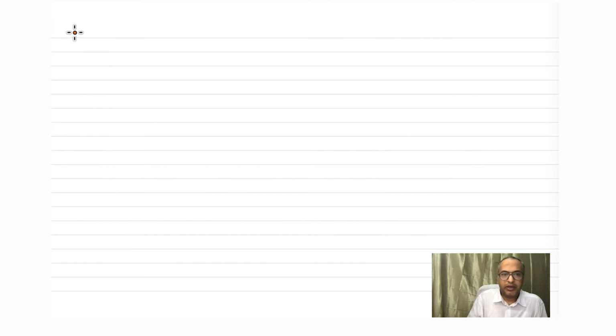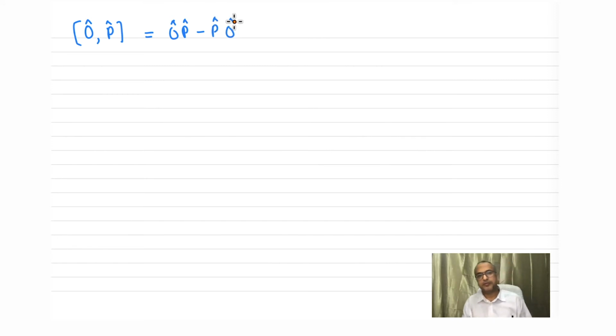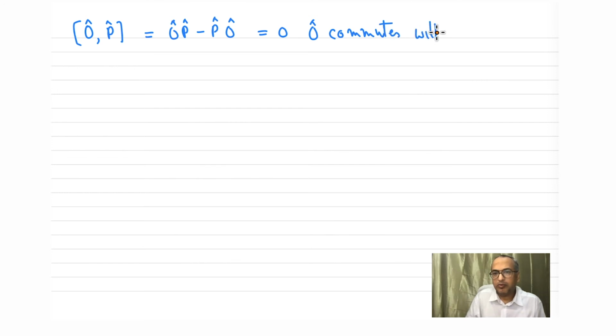So what do we mean by commutation? Commutation is written in mathematics as O, P in square brackets. It means mathematically OP minus PO. We have to calculate this, and if this goes to 0, we say O commutes with parity.